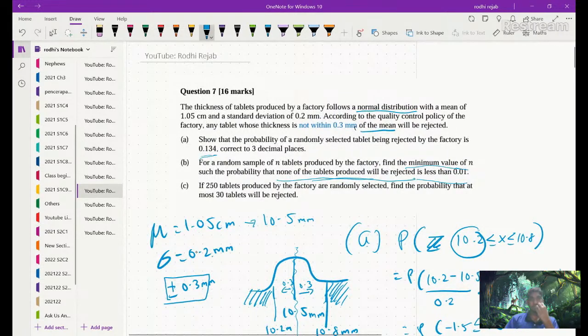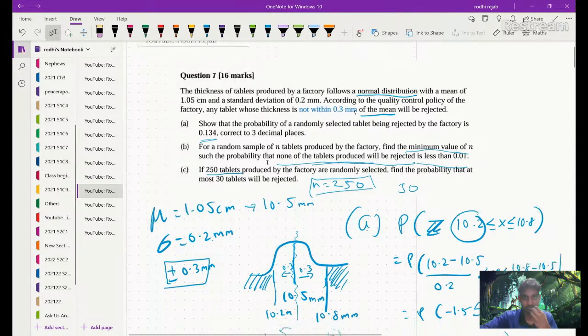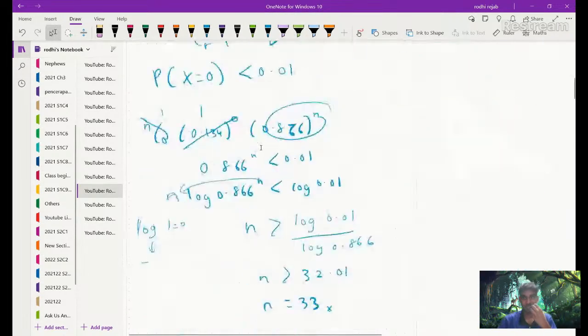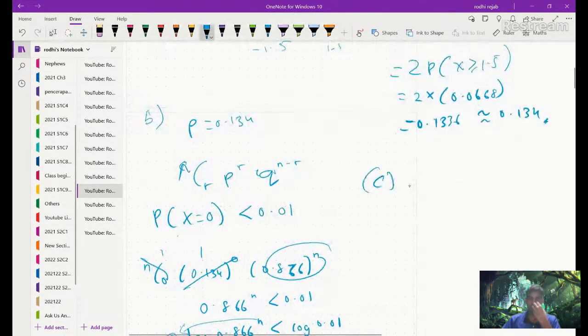And then for C. If 250 tablets produced by the factory are randomly selected, find the probability that at most 30 tablets will be rejected. So our n in this situation is 250. We can't find the probability for it in our book because it's only provided until 50. So what we have to do is first put n equals 250.